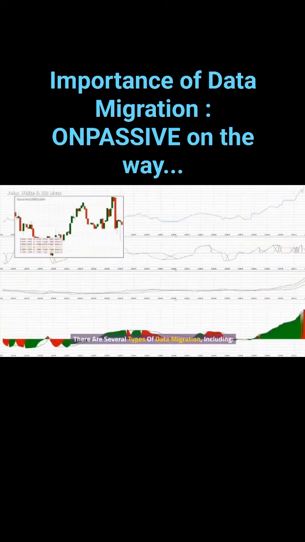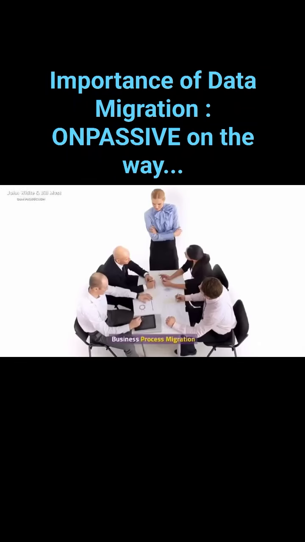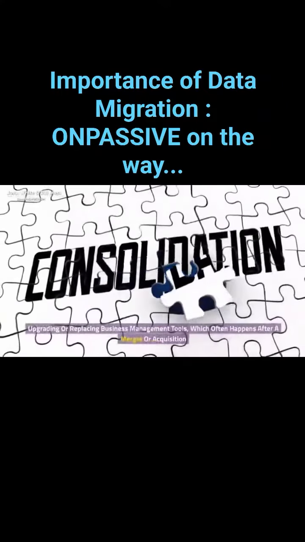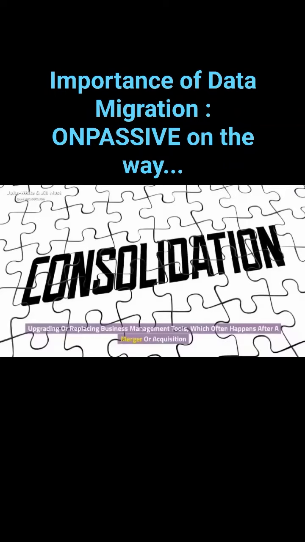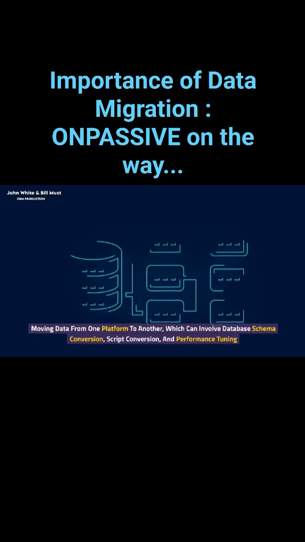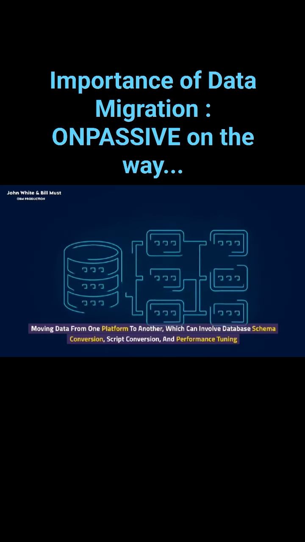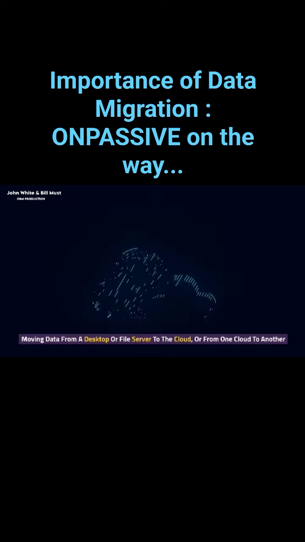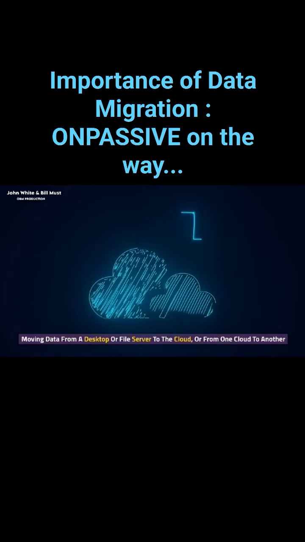There are several types of data migration, including business process migration, upgrading or replacing business management tools, which often happens after a merger or acquisition; database migration, moving data from one platform to another, which can involve database schema conversion, script conversion, and performance tuning; storage migration, moving data from one storage medium to another, such as from hard disk drives to solid-state drives; cloud migration, moving data from a desktop or file server to the cloud, or from one cloud to another.